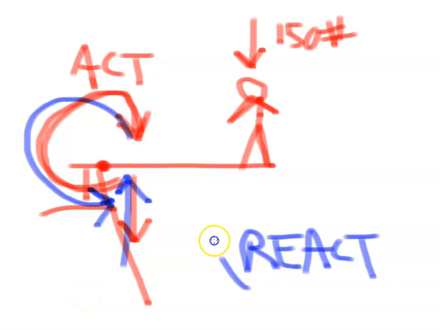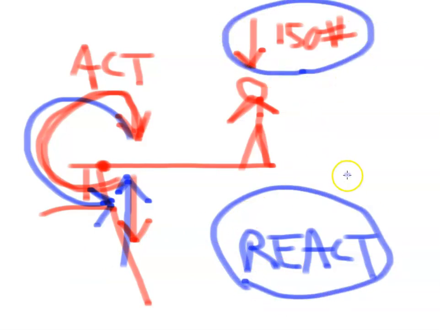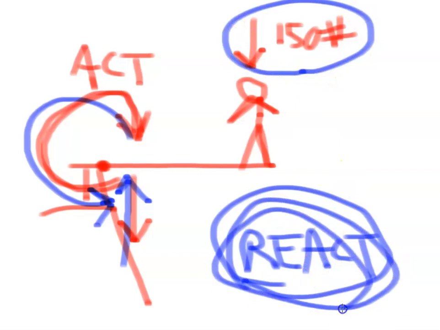Okay, so these things are what's keeping this situation in equilibrium. These reactions are allowing this 150 pounds to not cause a problem and not break the diving board. Okay.